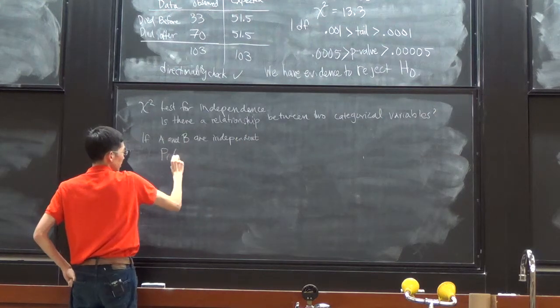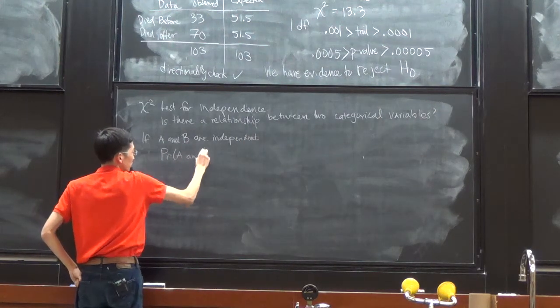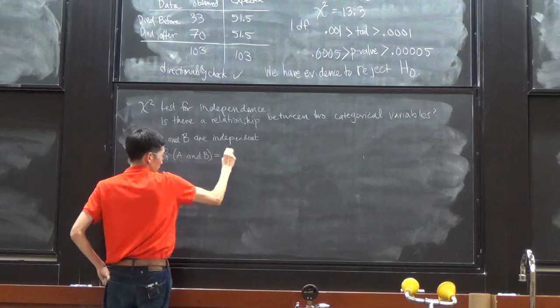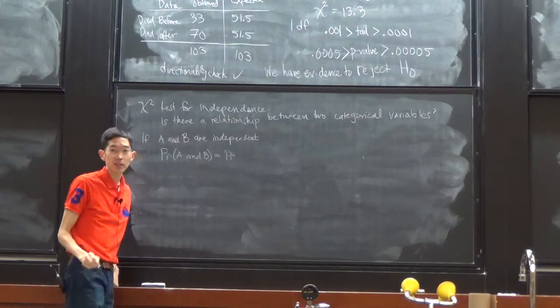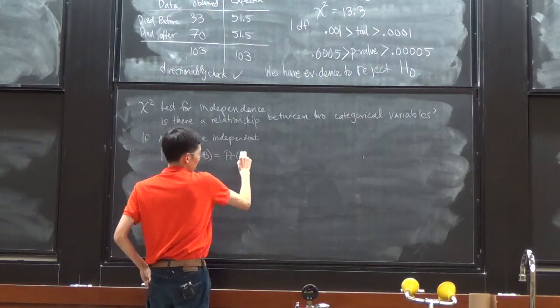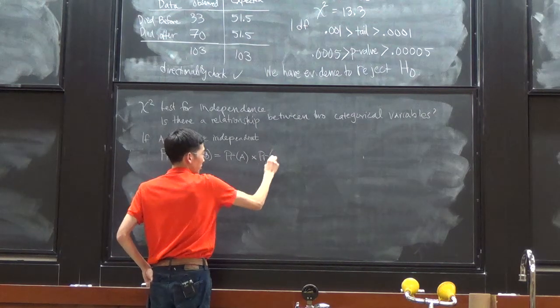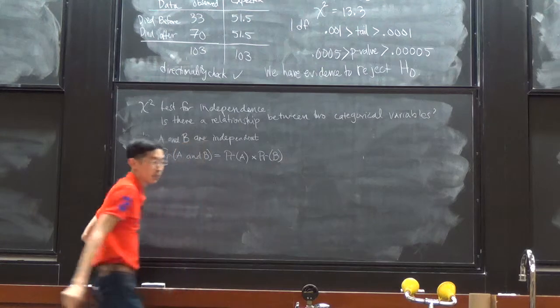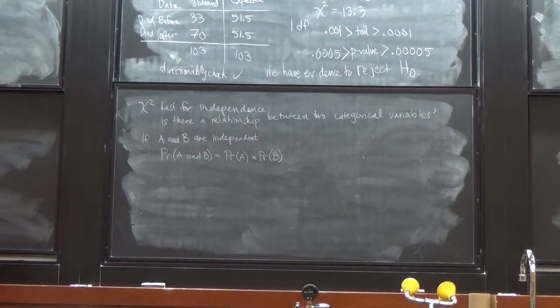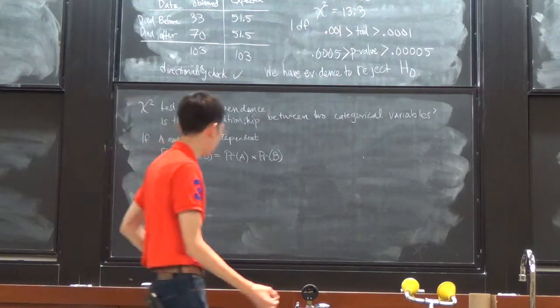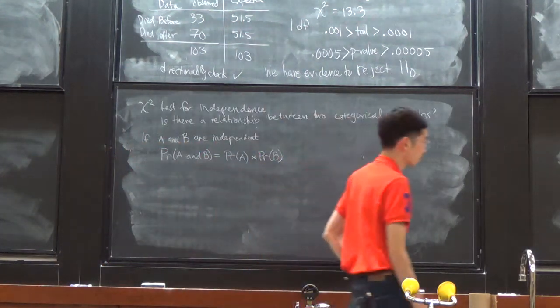The probability of A and B is equal to the probability of A times the probability of B. So we're going to use this as our guiding principle behind the chi-squared test for independence.